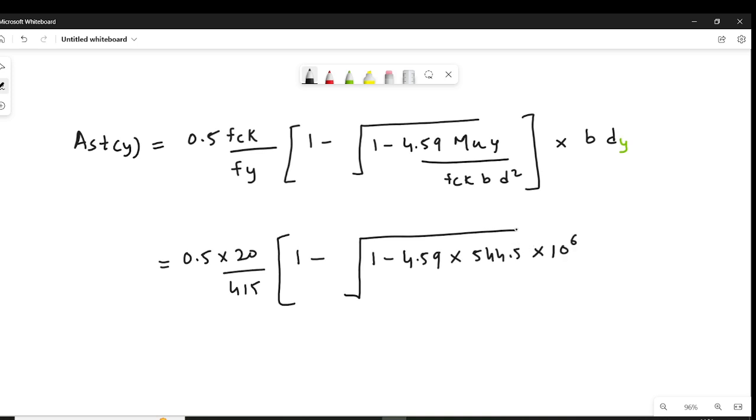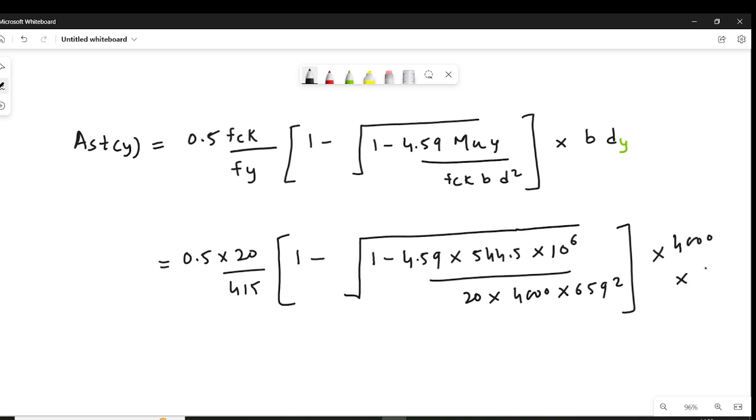You have to take that in Newton millimeters, divided by fck is 20, b is 4000, into d, already we have calculated dy is 659 square, into b is 4000 and d is 659. So Ast in the y direction comes to 2327.27 mm square.